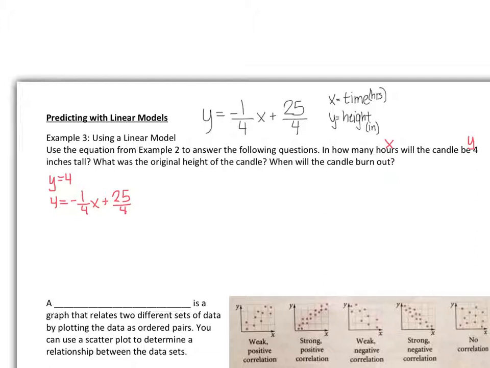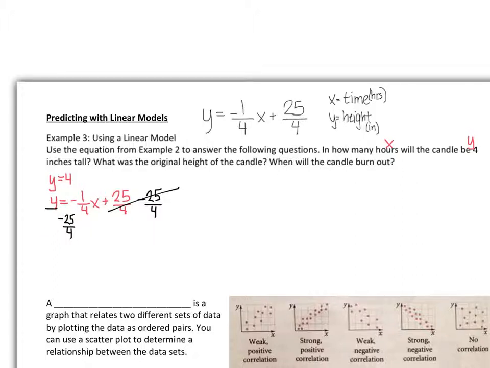You good? So we're trying to find x. Let's subtract 25 over 4 to the other side. So those cancel, but I want to combine these two. I need to put 4 as the denominator right here.